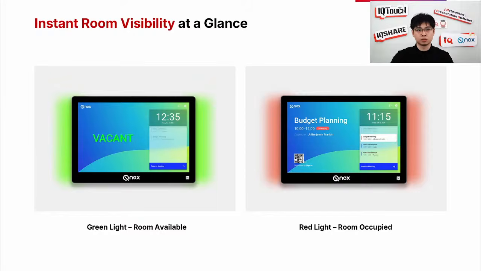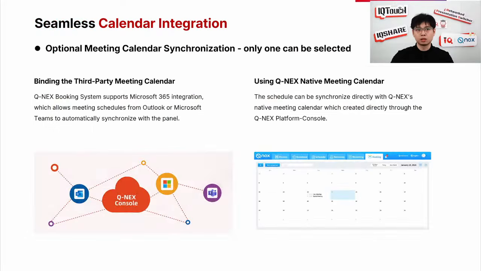Now, visibility is important, but an effective meeting room system also needs to integrate smoothly with the tools that organizations already use. This brings us to the next highlight. A meeting room booking solution aims at helping organizations reduce their workload. That's why the Q-NEX room scheduler is designed to integrate seamlessly with existing scheduling systems.